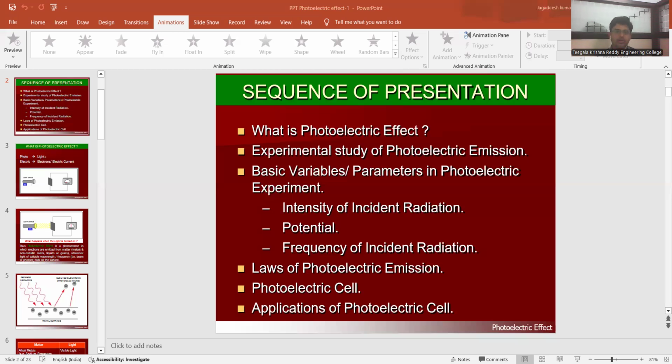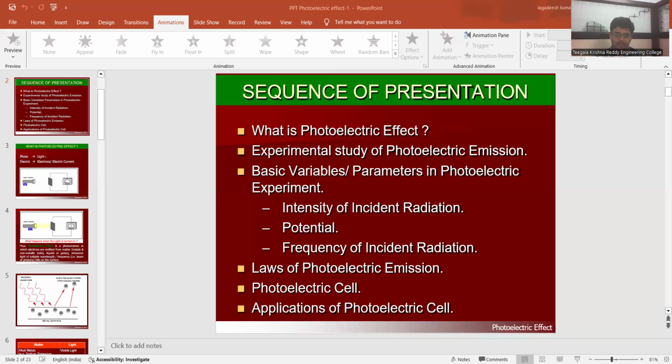Afterwards, we discuss the basic variables and parameters in the photoelectric experiment. In the photoelectric effect, electrons are emitted from the metal.